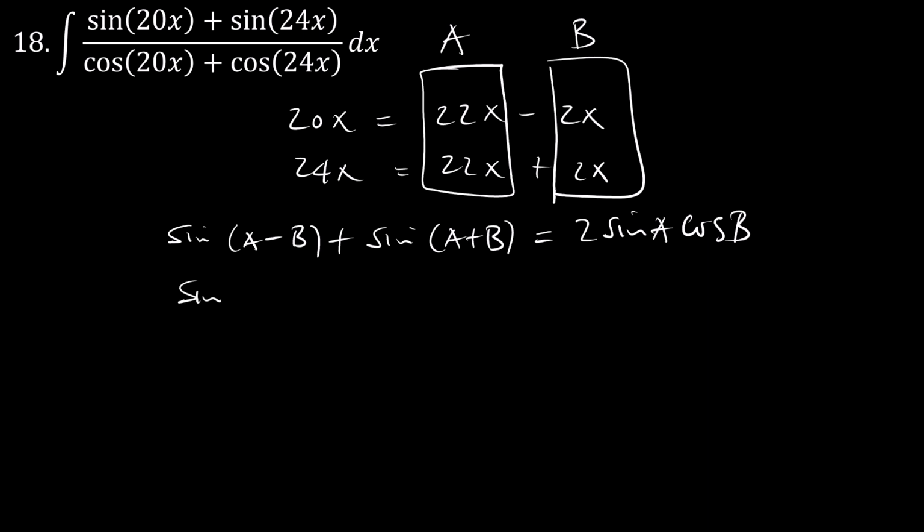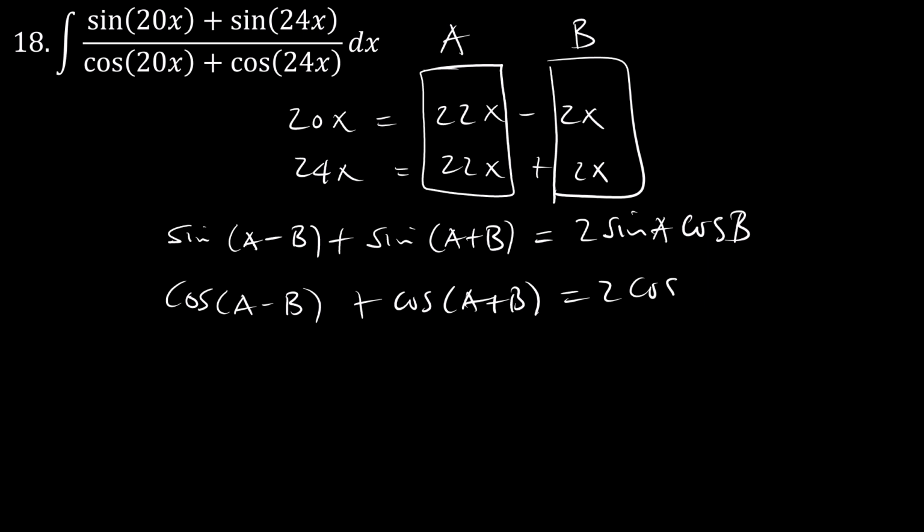And similarly, cosine of a minus b plus cosine of a plus b is equal to 2 cosine a cosine b.